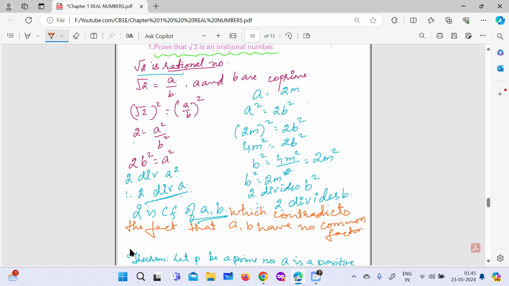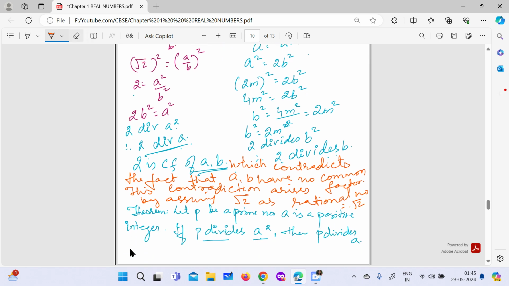So why does this contradiction arise? This contradiction arises by assuming root 2 as a rational number. So you have to write all these points in the exam, and hence root 2 is an irrational number.